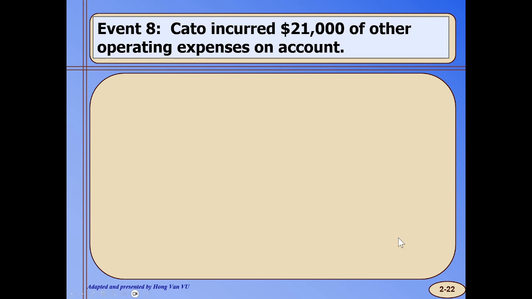Now transaction number 8. The company incurs 21,000 of other operating expenses on account.